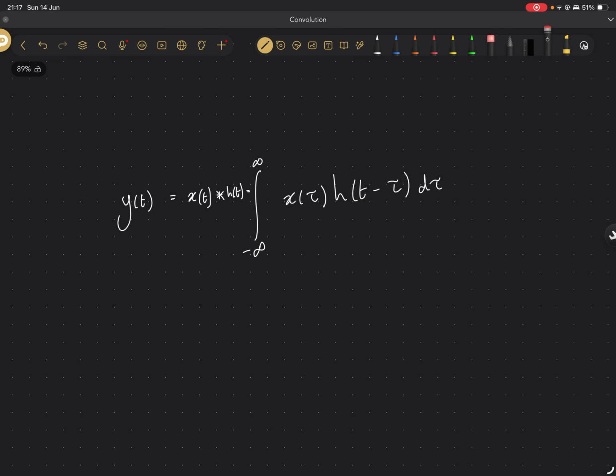So let's say, as an example, we want to find the convolution between a desired signal x of t and h of t. And h of t is our impulse. So our desired signal is given to us, we know it, and our impulse, well, if you don't know, is just how the desired signal responds when you give it this flick, right?